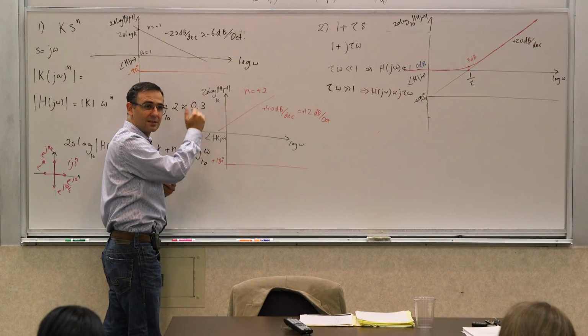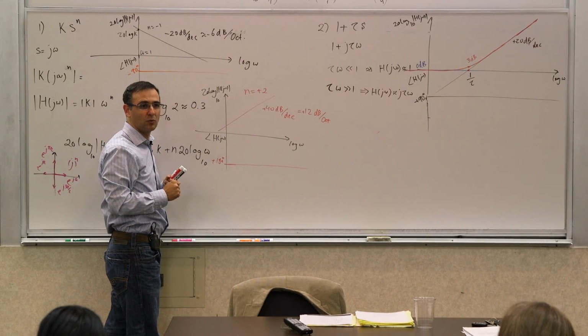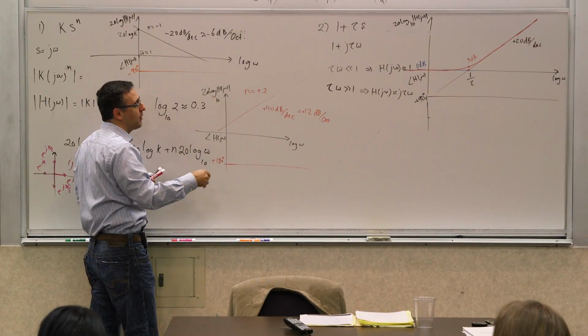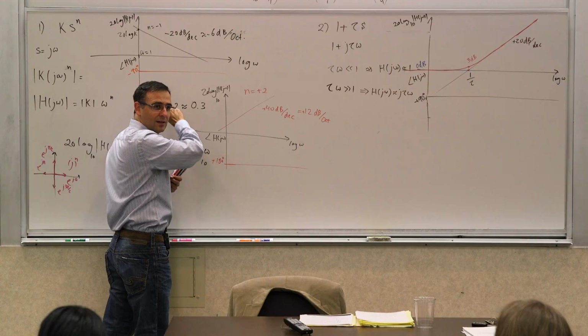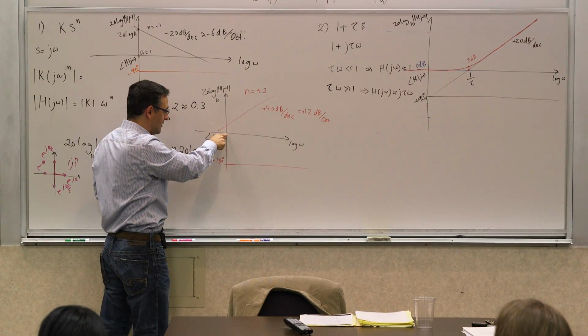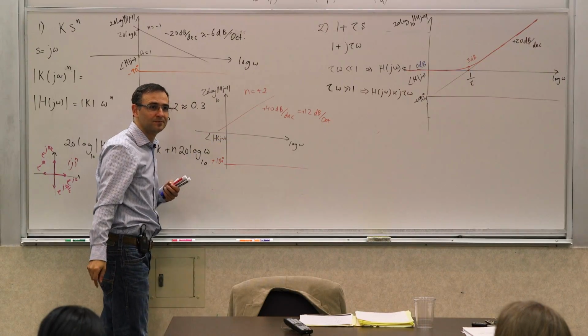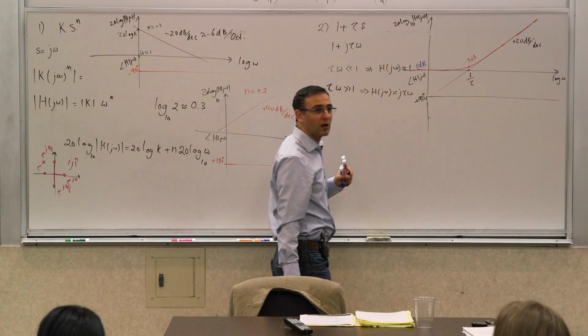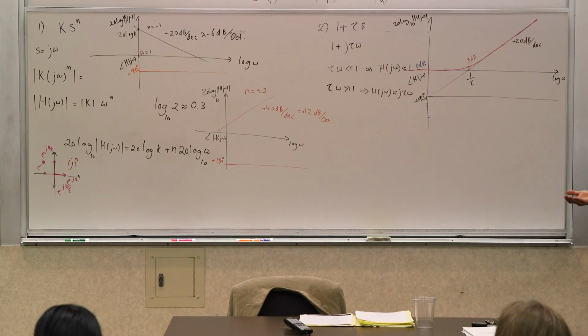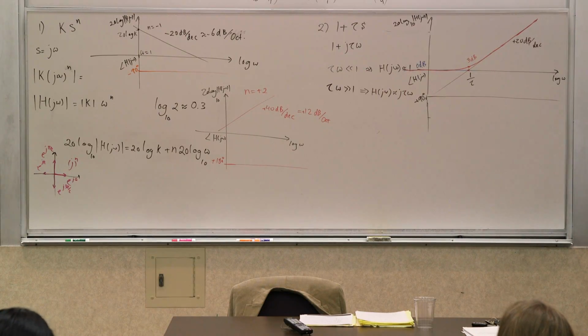I just wanted to look at its slope. But you have a valid point in the sense that if k were 1, then this had to intercept at this point. If this were omega, log of omega being 0 or omega being 1. But I didn't make any assumptions about those anyway. OK. Now, any other questions?